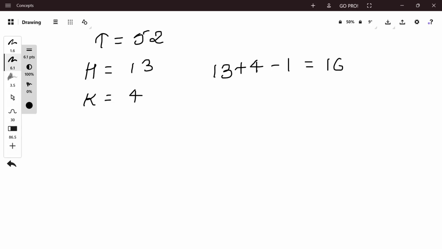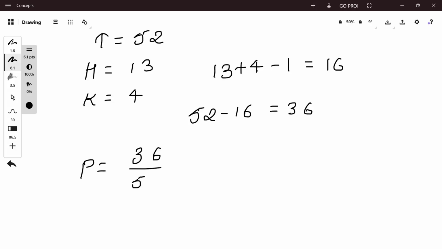The number of favorable outcomes, that is neither a heart nor a king, is 52 minus 16, which is equal to 36. So the probability is 36 upon 52, which is equal to 9 upon 13.